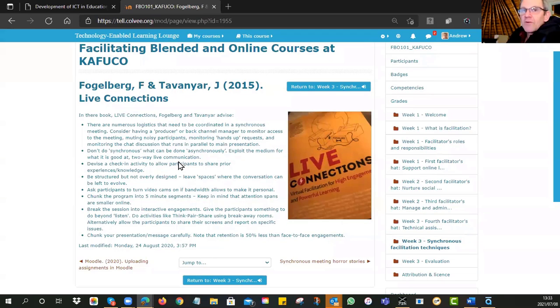But he was quite clear that you've got to treat Zoom differently from face-to-face, and we very definitely got to treat it differently from Moodle. One voice, yada, yada, like I'm doing now, is death. People go to sleep. They're not really fully engaged. You should really be doing these strategies to try and keep things interesting.